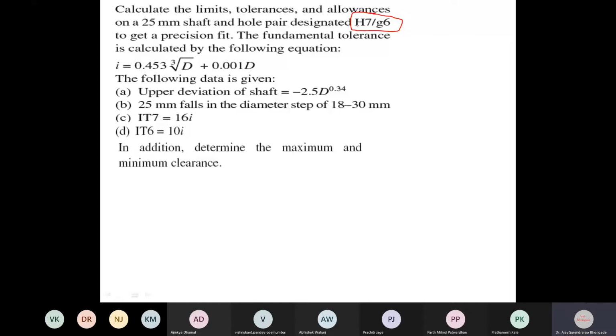earlier discussion where we had seen what is the meaning of H, what is the meaning of 7, G and 6, and we had also talked about two things, what is the fundamental tolerance and what is the fundamental deviation. Okay, so with this we had already solved this problem to some extent.